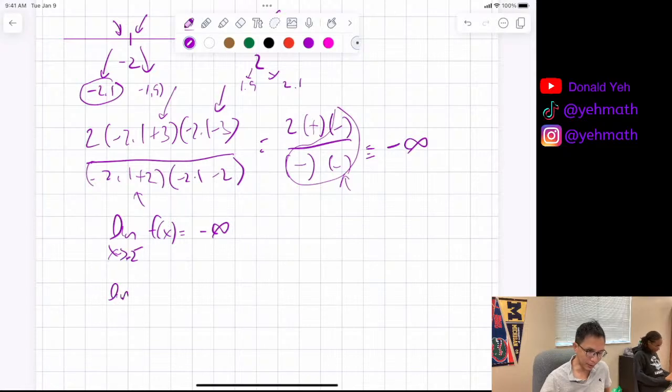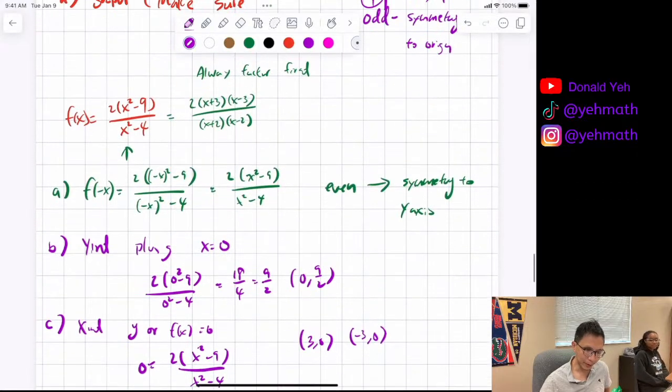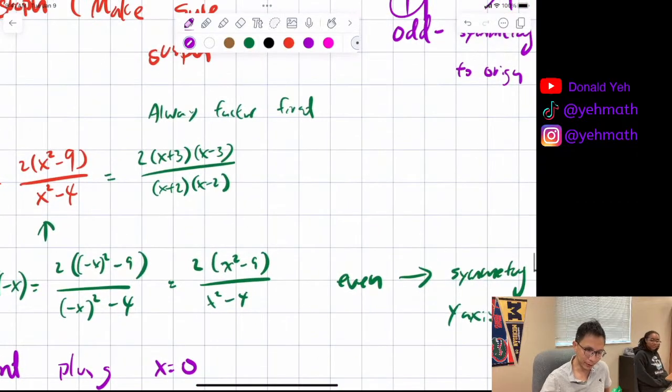So limits. Let's say I use 1.9, right? Can I eyeball it? If I use 1.9, it's going to be what? Negative 1.9 plus 3 is positive. Negative 1.9 minus 3 is negative. Negative 1.9 plus 2 is positive. Negative 1.9 minus 2 is negative.